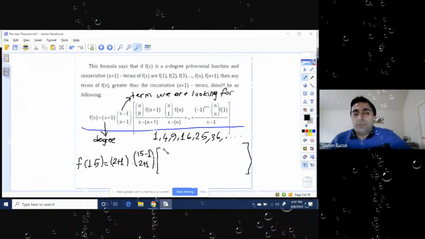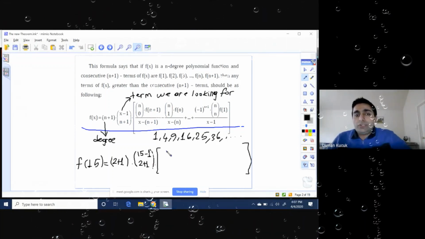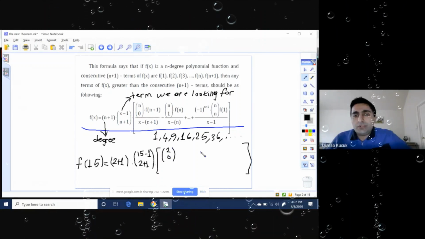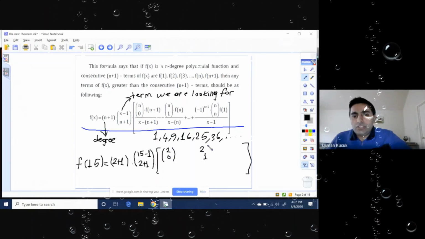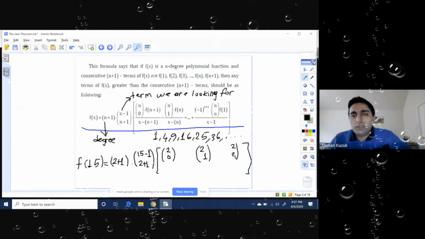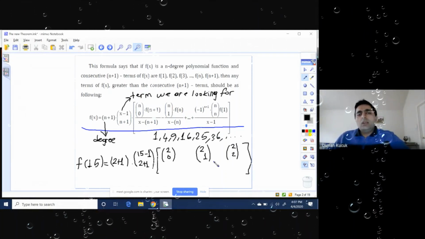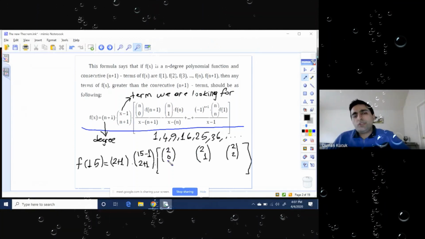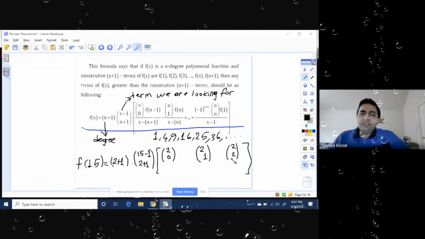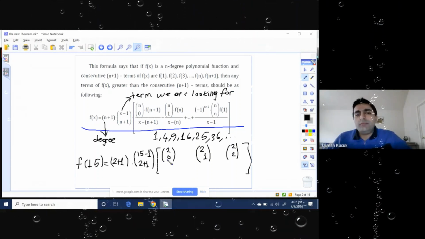So, the binomial expansion, which is 2 combination of 0, 2 combination of 1, and 2 combination of 2. Some say 2 choose 0, 2 choose 1, 2 choose 2. But it is easy for me to say 2 combination of 0.